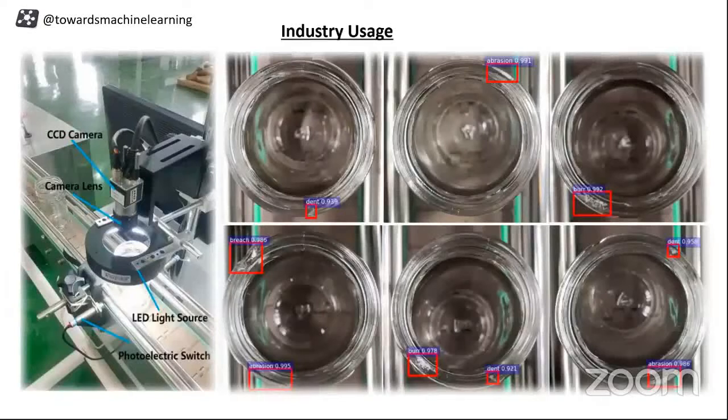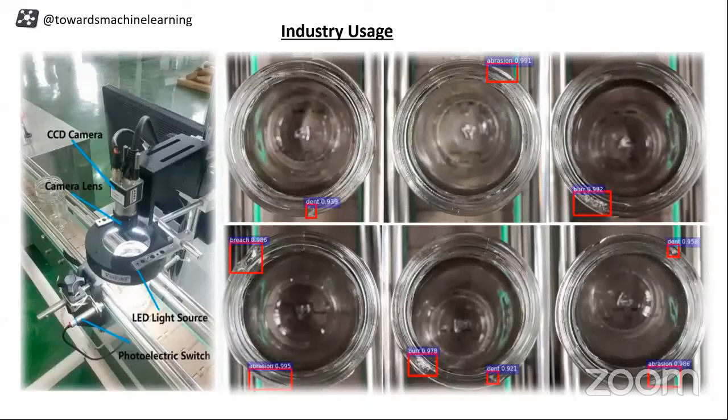Next thing is you can see in industries as well. This is one of the examples that I saw. It is an industry application for glass manufacturing, and you can see that if there is any dent, it is able to detect that dent, draw a bounding box around it, and tell you how confident it is that it is a dent, or an aberration, or a burr.